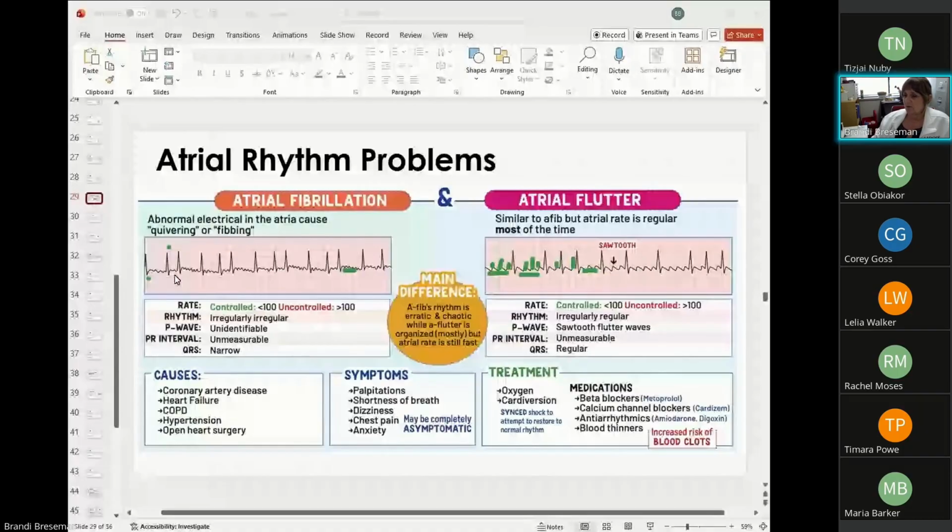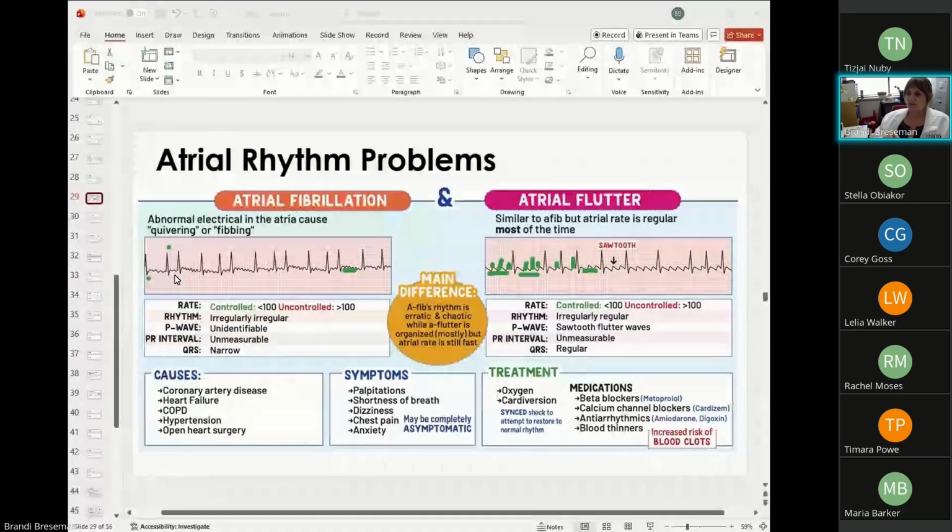So you absolutely cannot do cardioversion unsynced. Think of it this way: if your patient's awake and talking to you, it needs to be synced. So we're going to sync our defibrillator, and then we're actually going to hit shock.